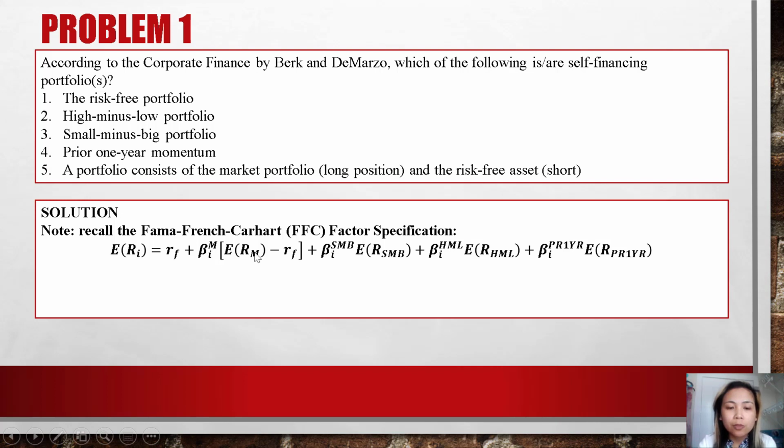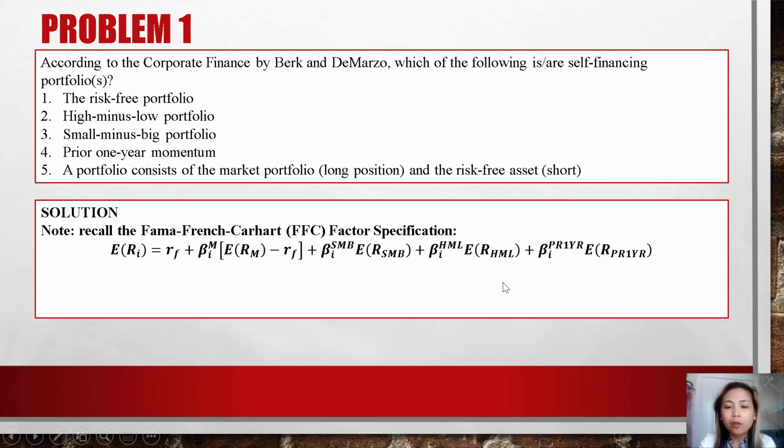This is the risk premium. You see, expected return of Rm minus Rf is the risk premium. And remember, beta is the measure of sensitivity between the portfolio and the specific factor.